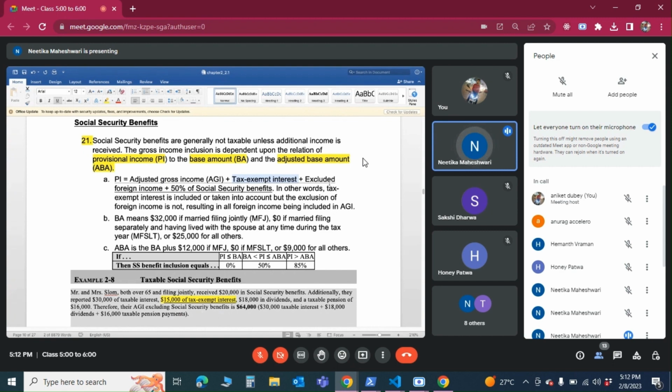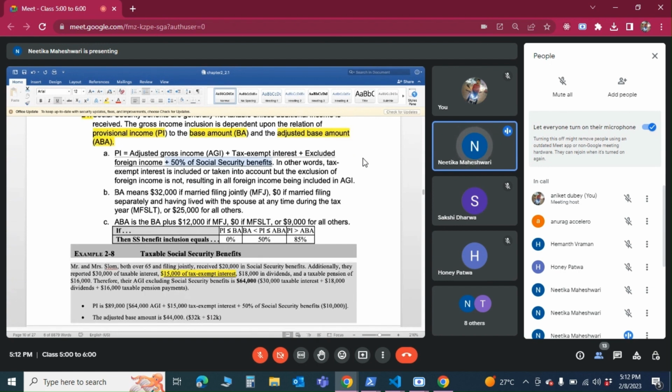Plus excluded foreign income. If you're using form 2555 and taking the exclusion, we need to add that back. Plus 50% of Social Security benefits. Say the person is getting $1,000 per month, then we'll take $6,000, because for the entire year, 50% is going to be 6,000.